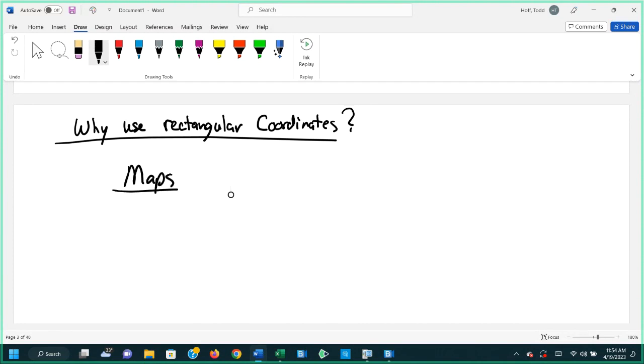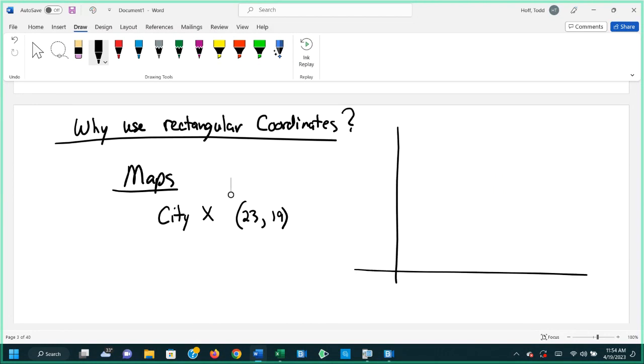You might be looking for city X, and you might look up in the index of the map, and it tells you that is at location 2319. If you're looking at your map, you might look along the bottom here, labeled 0, 1, 2, 3, and find the spot that's labeled 23.